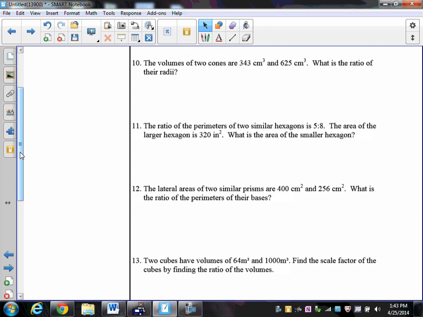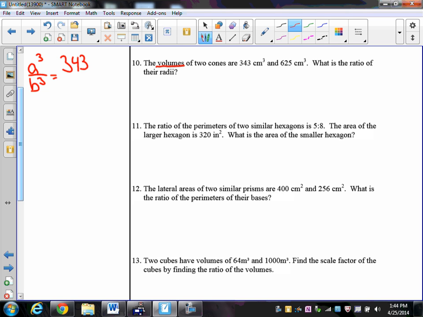Number 10 says the volumes of 2 cones are 343 centimeters cubed and 625 centimeters cubed. So since we have volumes, that means we're going to have A cubed over B cubed is equal to 343 over 625.